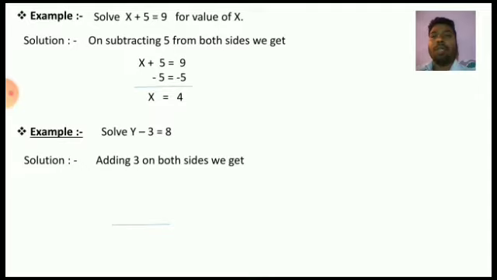So y minus 3 is equal to 8, and we add this 3 on both sides, so that we get y is equal to 11. See here, minus 3 and plus 3 get cancelled, and 8 plus 3 is 11. So the value of y is 11. This way you find the value of y.